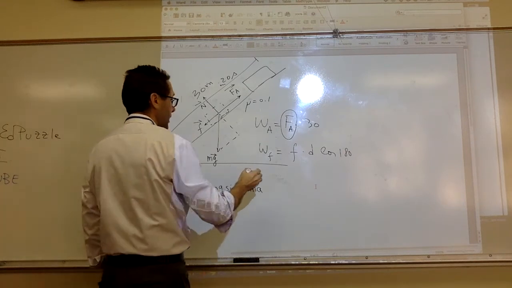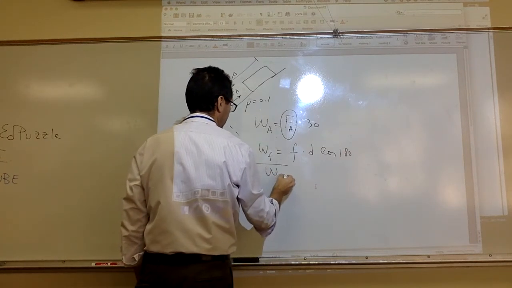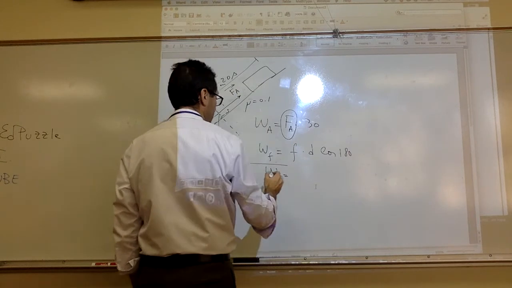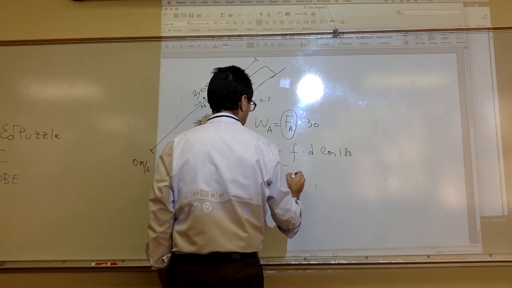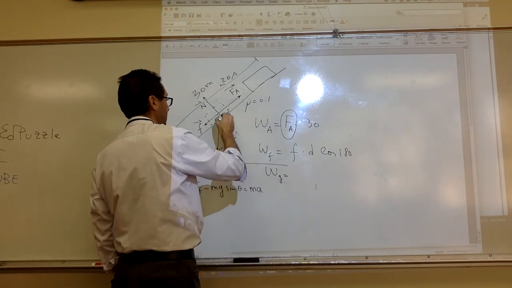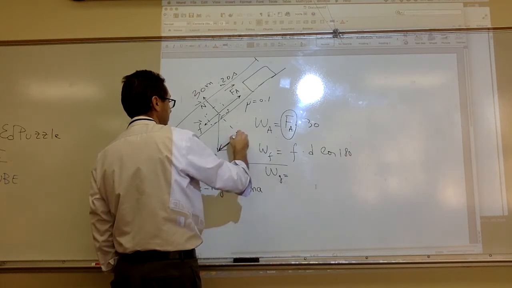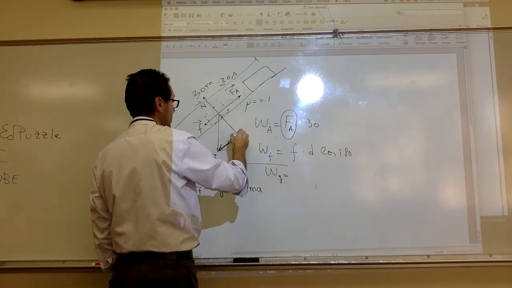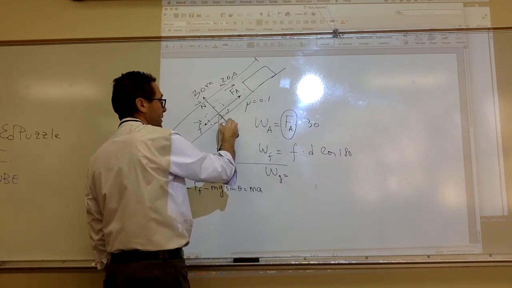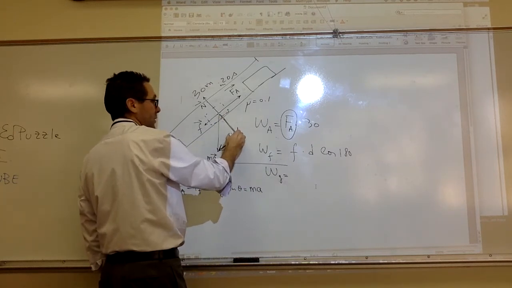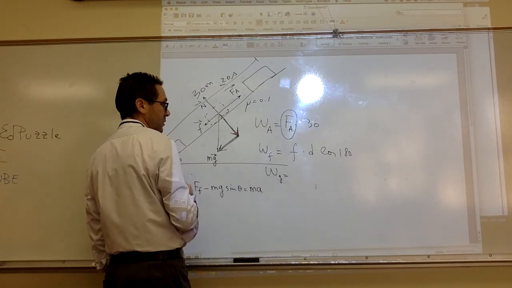The work done by gravity is basically the force of gravity. Well, if I break the force of gravity into two components, this component down here does not do any work. Only this one does the work.